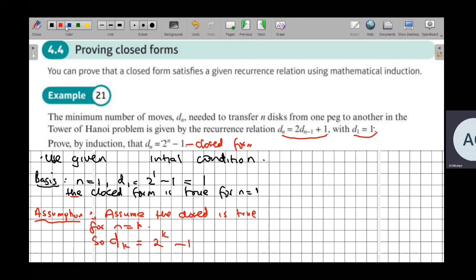Then the next step is to go to the inductive step, or the induction stage. What do we want to prove? We want to see if it is true for n is equal to k plus 1.